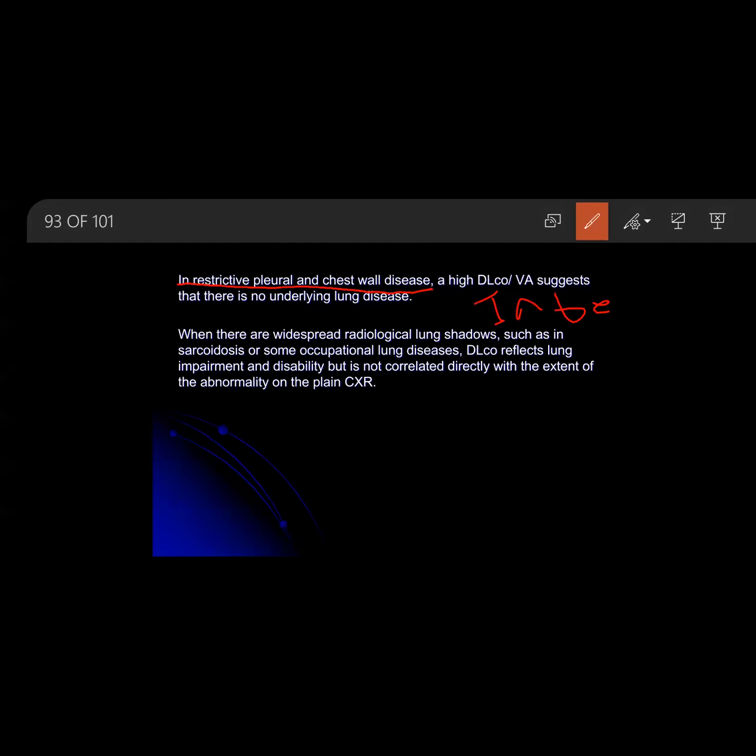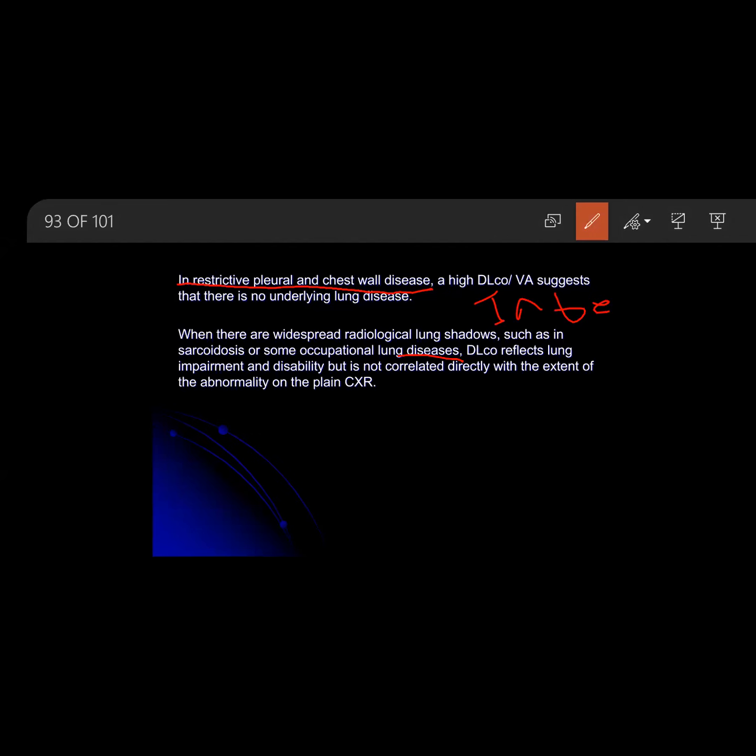When there are widespread radiological lung shadows, opacities, such as in sarcoidosis, some occupational lung diseases, scoliosis, coal worker lung diseases, lung diffusion of carbon monoxide reflects lung impairment and disability, but it is not directly related to the extent of abnormalities on the plain chest X-ray.